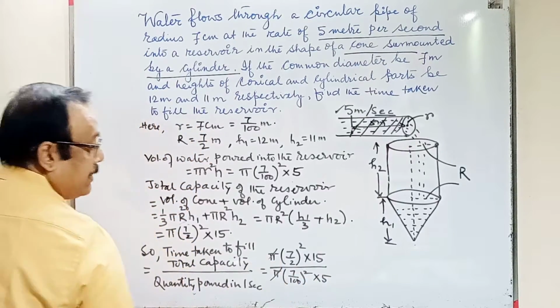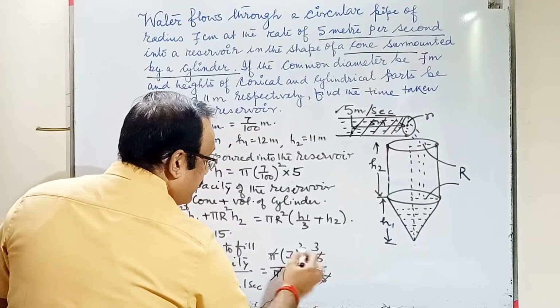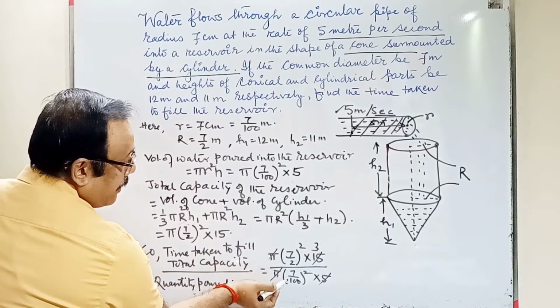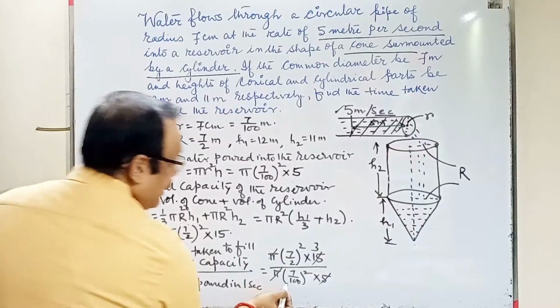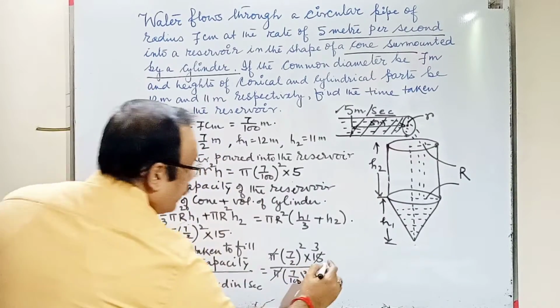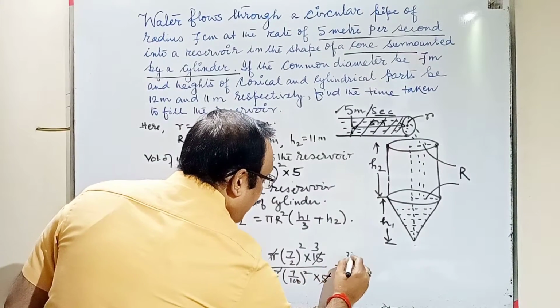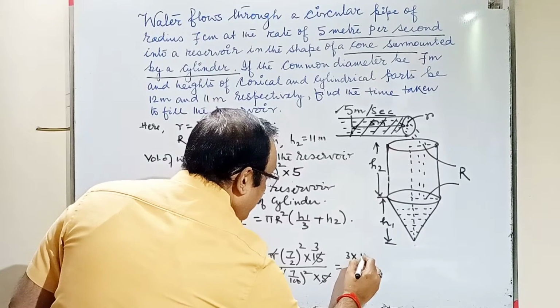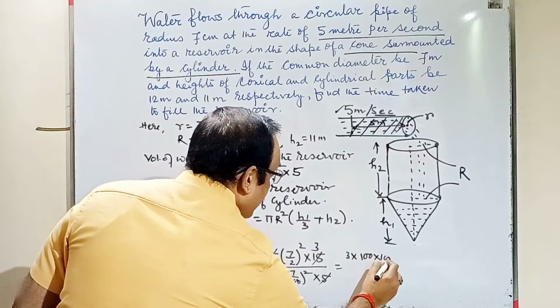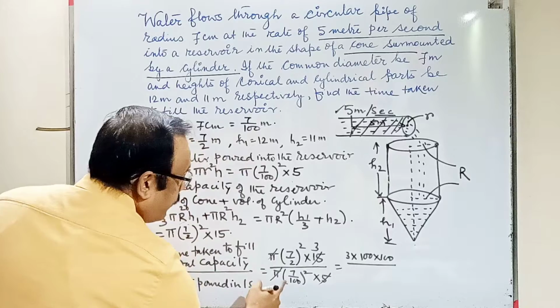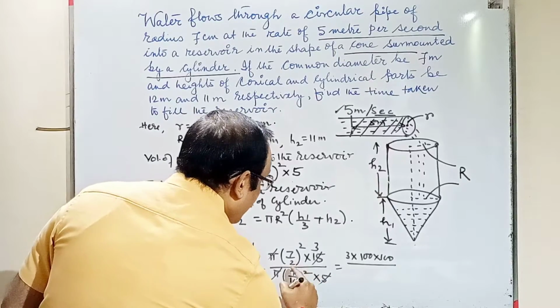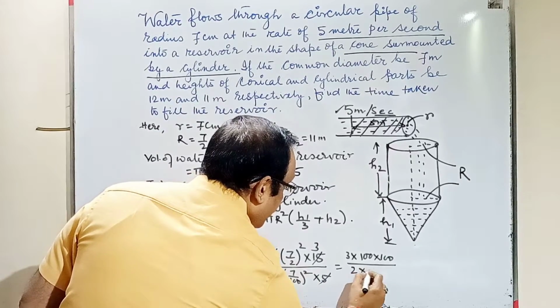This pi cancels. This 5 becomes 3. Here 7 square and this 7 square will get cancelled, and this 100 square will go up. So up we have got 3 into 100 into 100, and down we have 2 square.